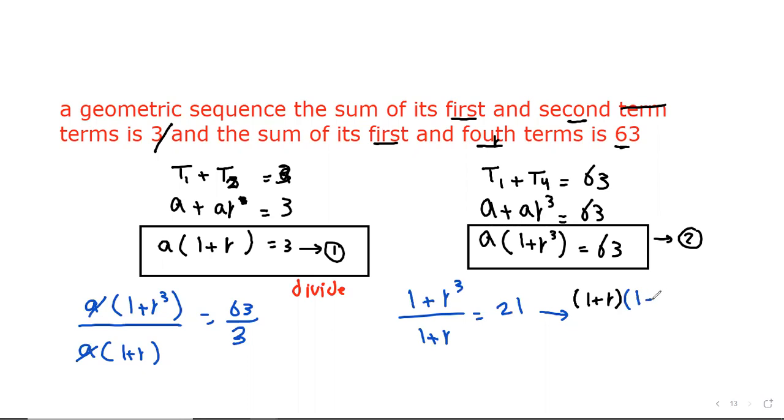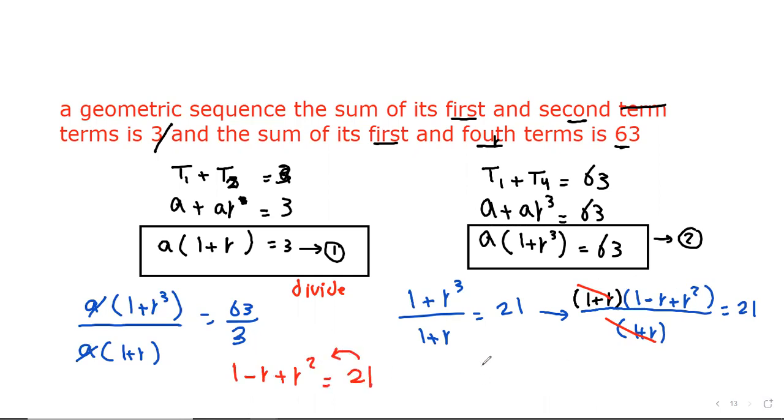Change the sign, then multiply minus R, plus R to the power of 2, all divided by 1 plus R equals 21. Cancel 1 plus R and 1 plus R. So we ended up with 1 minus R plus R to the power of 2 equals 21.